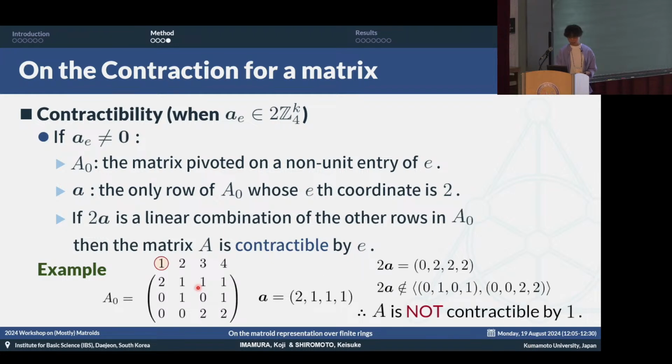On the other hand, considering this matrix, the vector a becomes 2, 1, 1, 1. And in this case, 2 times a is 0, 2, 2, 2, but it cannot be generated by 0, 1, 0, 1 and 0, 0, 2, 2. So in this case, we say that A is not contractible by 1.